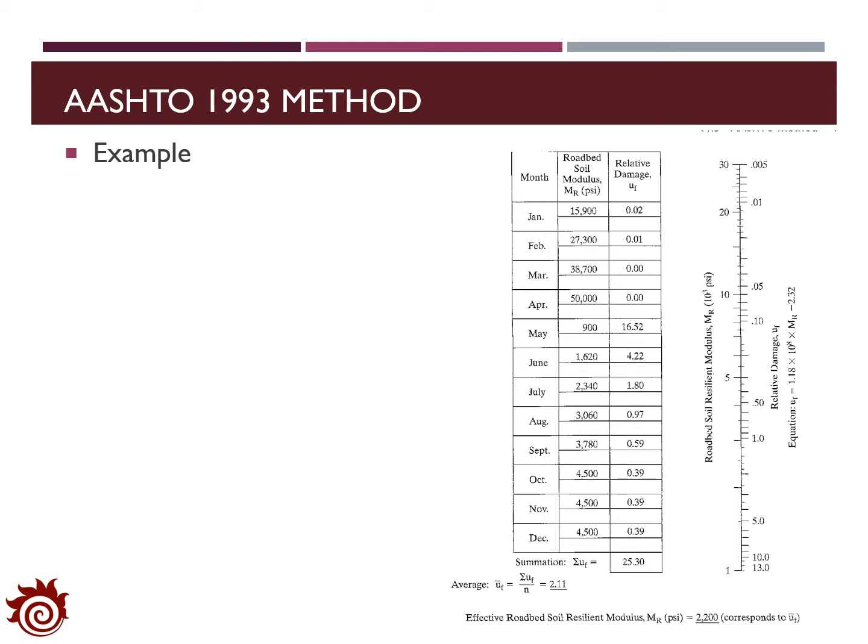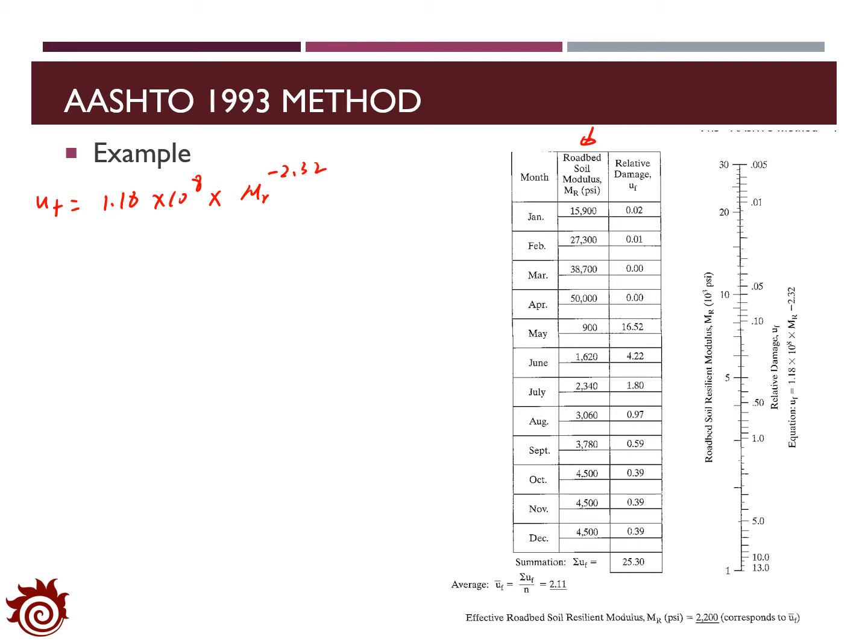In this example, we are provided with the subgrade resilient modulus of each month in one year, which is shown in the second column in this table. And then we can apply the equation UF equal to 1.18 times 10 to the power 8 times MR to the power minus 2.32 to estimate the relative damage.